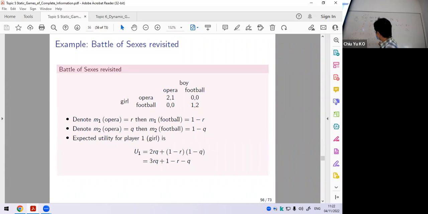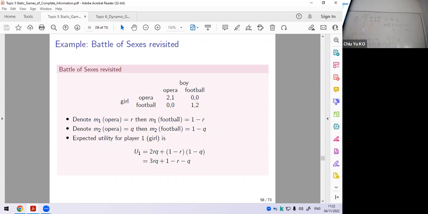If you talk about mixed strategy, you're mixing over these two, so the payoff must be the same, because you're randomizing over this. If they're not the same, why would you randomize? So it must be the case that 2Q is equal to 1 minus Q, so Q is just 1/3.